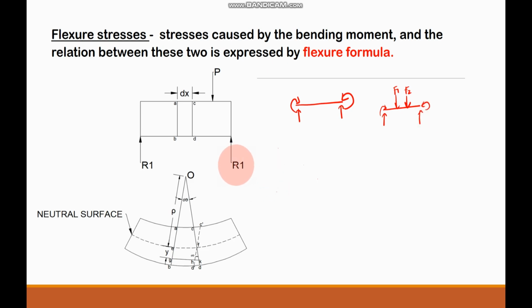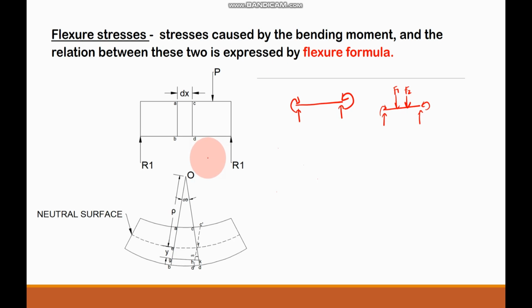So, we have here a beam with two adjacent sections. The adjacent section of AB and CD, and they are separated by a distance dx. So, since there is a load P acting on the beam, magkakaroon ngayon ng deformation.